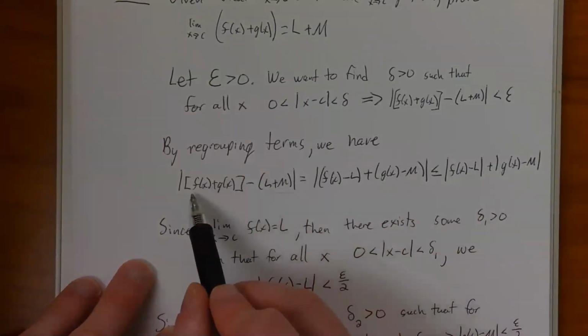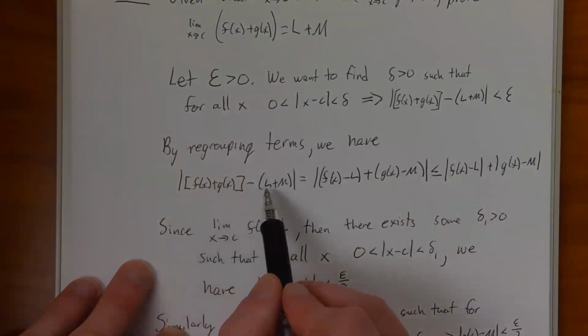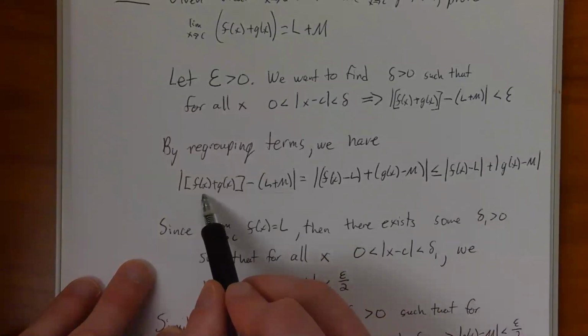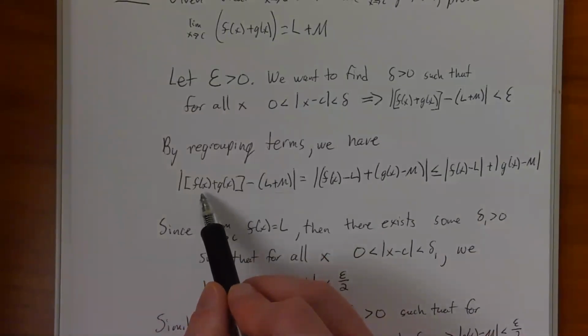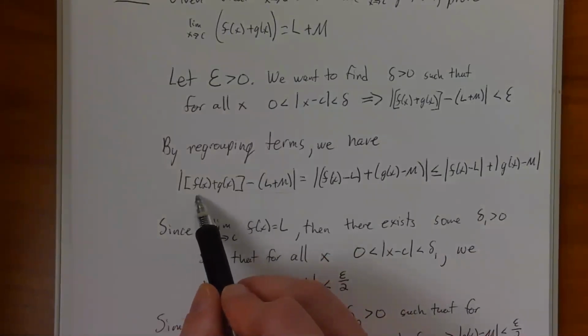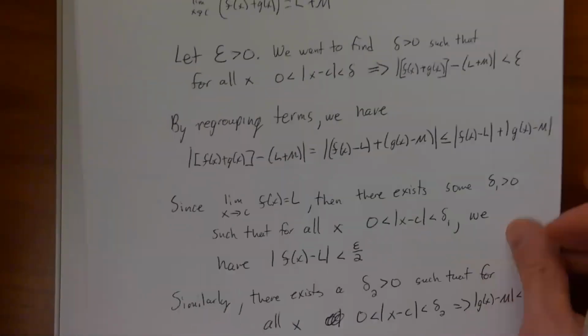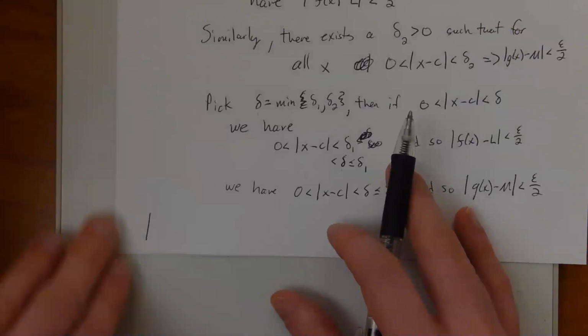We want to say that we've chosen some delta so that for all x where the absolute value of x minus c is less than delta, this statement right here is less than epsilon. So let's see if we've successfully done that.